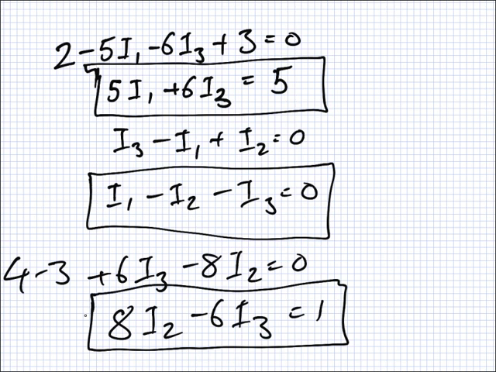Okay, what can we cancel from everything? I3. Yes. Because look what we can do. We can put a 6 and a 6 here, and then we could make this negative, positive, positive, negative, positive, negative.